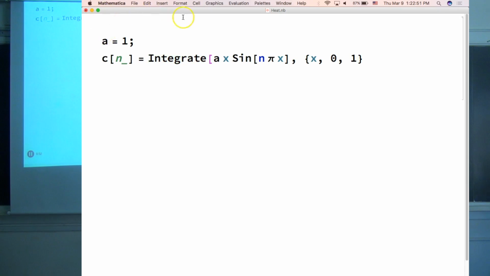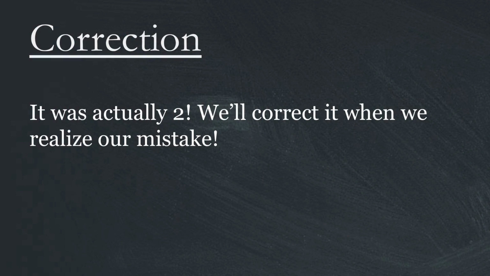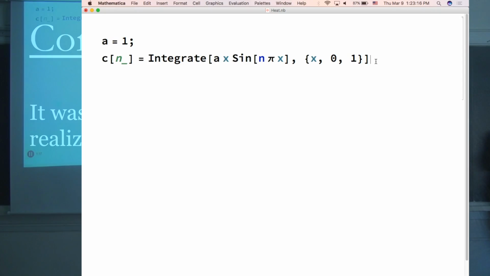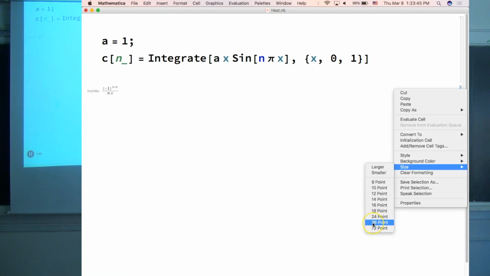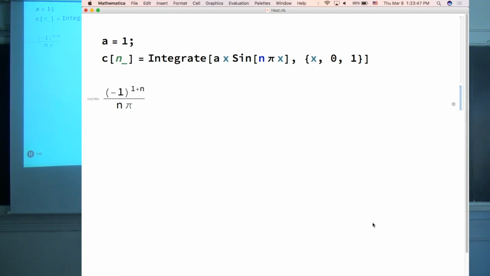And I think the whole thing has a coefficient of what? 1. Wasn't it 1? I believe it was 1. We're going to stick with 1. Okay, let's take a look at that answer. There we go. Looks familiar? It sure does. But we actually don't care what it is. So I'll suppress the output.